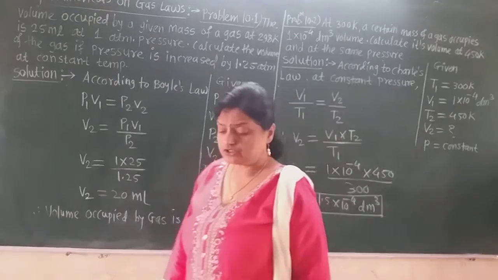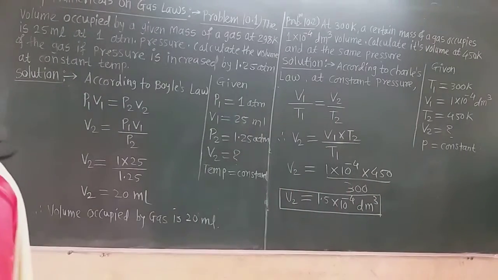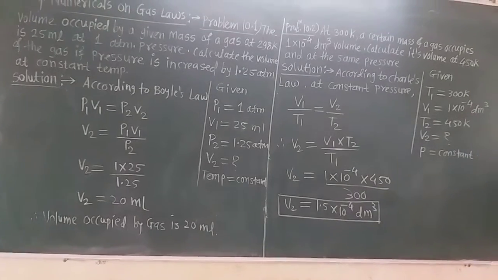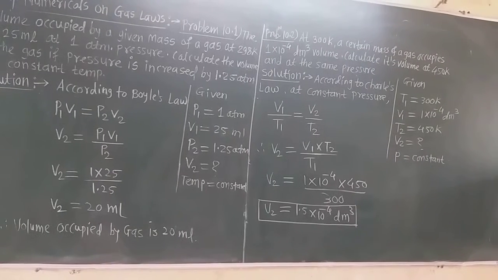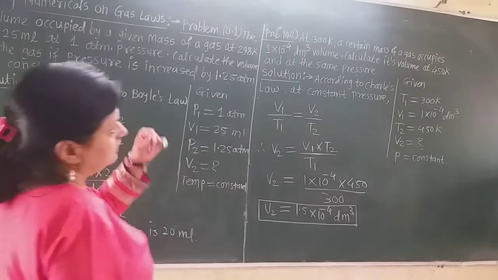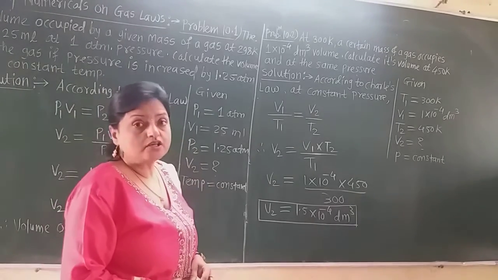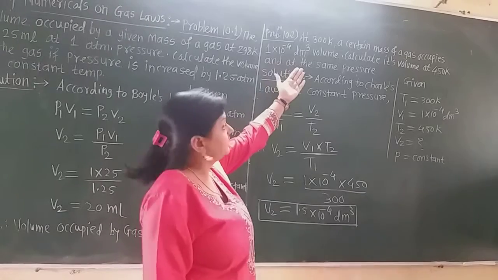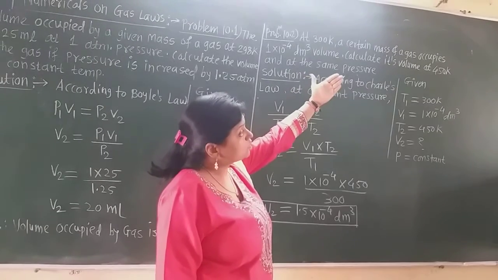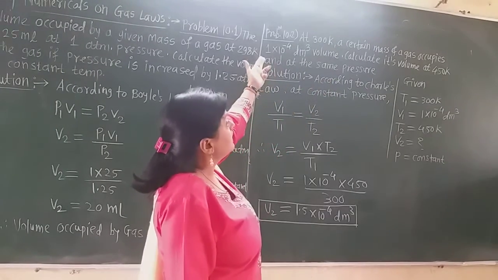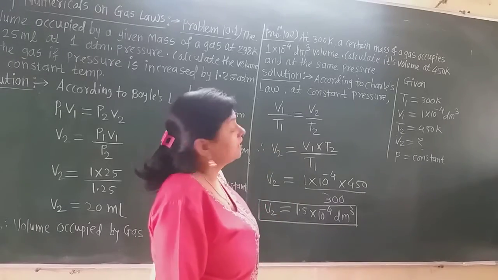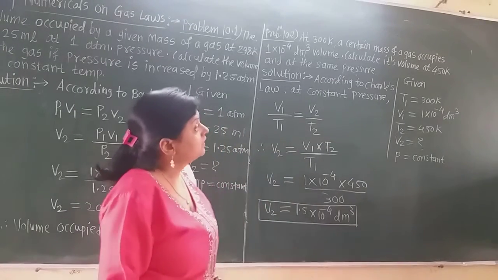Now let us solve the other problem, 10.2. What is given in this problem? See on the blackboard. At 300 Kelvin, a certain mass of a gas occupies 1 into 10 raised to minus 4 decimeter cube volume.